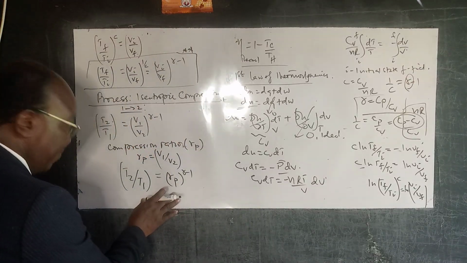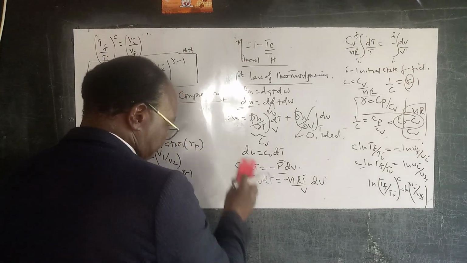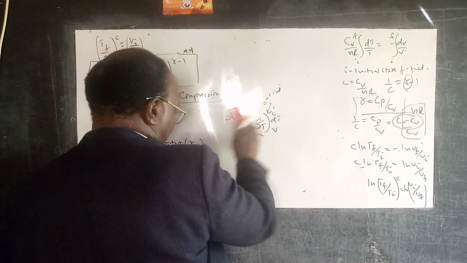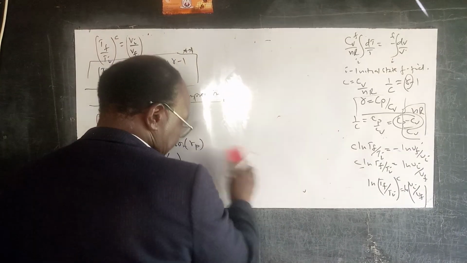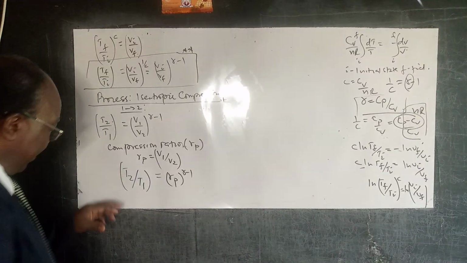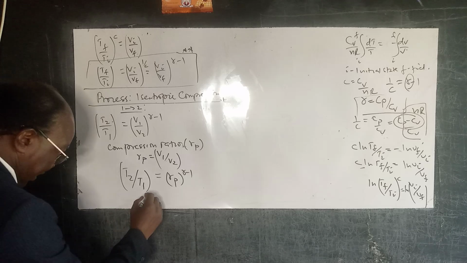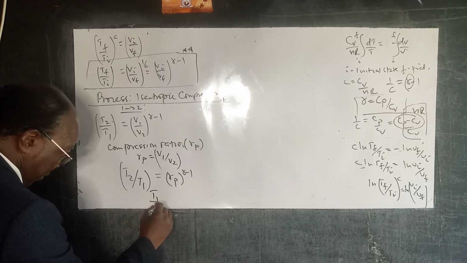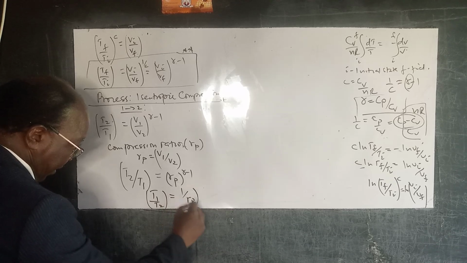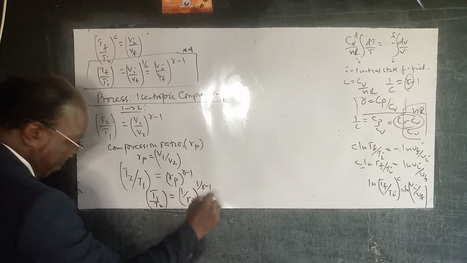In terms of efficiency, remember, this is 1 minus the temperature of the cold body divided by the temperature of the hot body. Now this is hot over cold, so we have to invert it. Therefore, T1 over T2 is equal to 1 over RP to the power gamma minus 1.